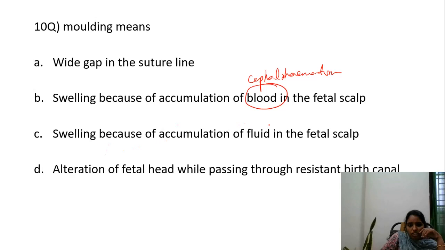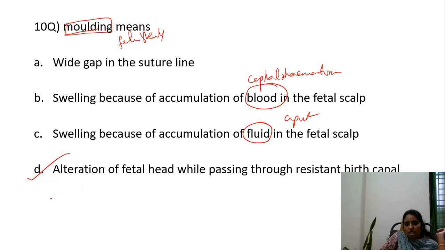Swelling because of accumulation of fluid means caput. Molding is the alteration of the fetal head while passing through the resistant birth canal; some alteration should take place in the fetal skull. Therefore the answer is the fourth option. A wide gap in the suture line is the fontanelle.